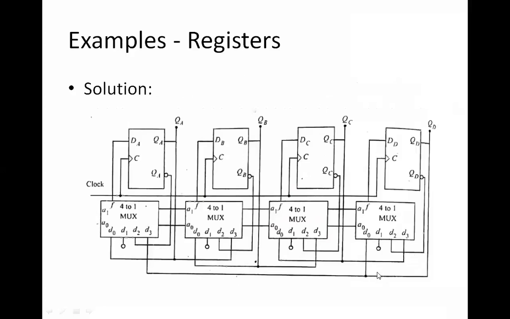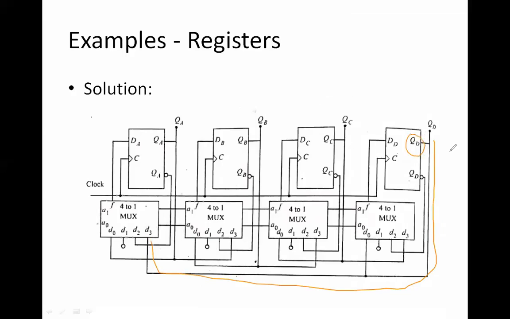If I am selecting D3, D3 is my circular shift right. So D3 should be connected to my extreme rightmost bit, which is QD.